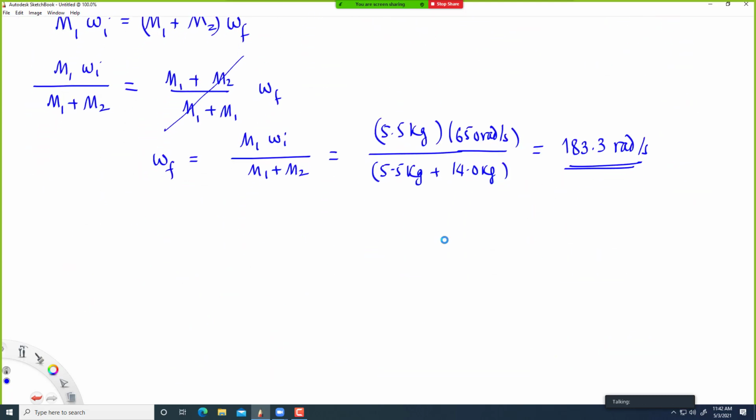Now let's look at the second problem. It's a similar one, I think you guys should be able to do that. A physics professor stands at the center of a frictionless turntable. So the person is standing on a rotating surface with arms outstretched and a 5 kilogram dumbbell in each hand.